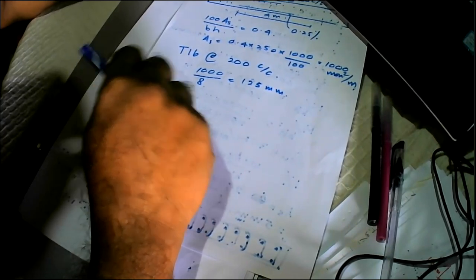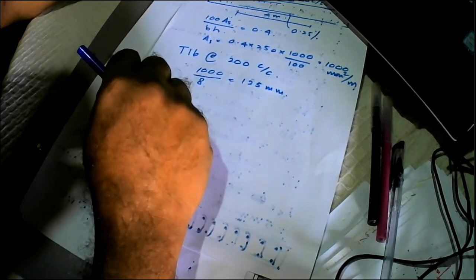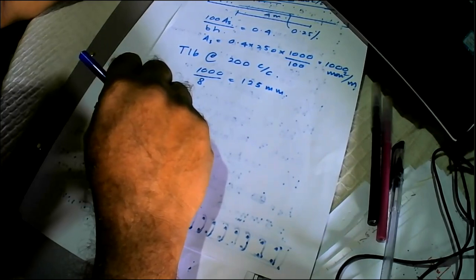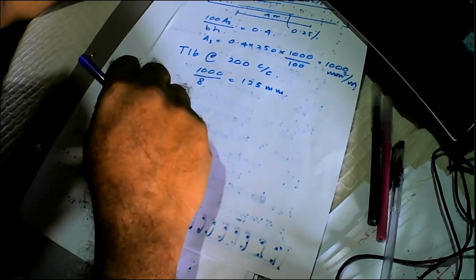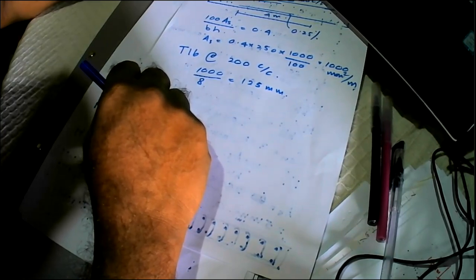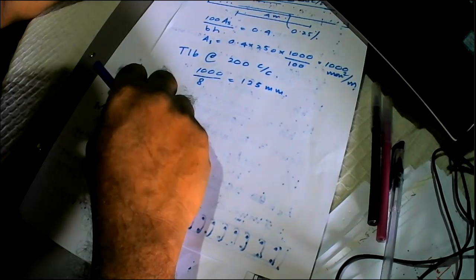But anything between 0.6 meters to 1 meter will be okay. But if you go for anything less than 0.6 meters, you will find that the distance between bars will be reduced significantly. Then when it comes to concreting and so on, there can be difficulties. Is that clear? Yes, sir.